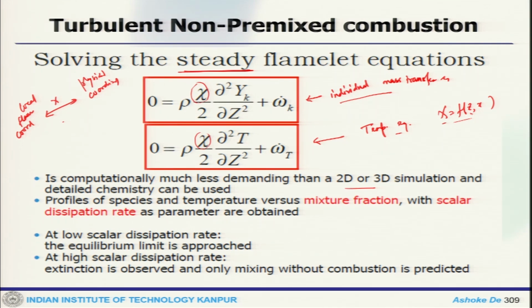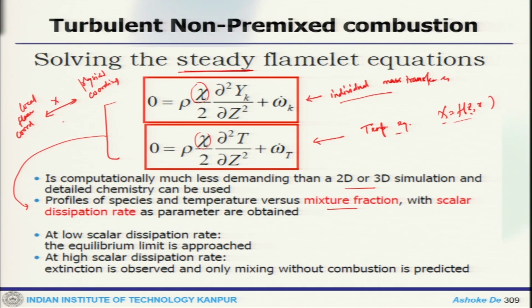That means these calculations are done a priori, and then a lookup table is created and stored, and the information is fetched from there. Profiles of species and temperature versus mixture fraction, with scalar dissipation rate as a parameter, are obtained by solving this set of equations.